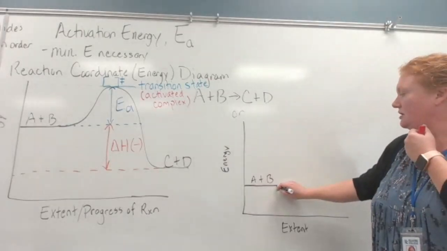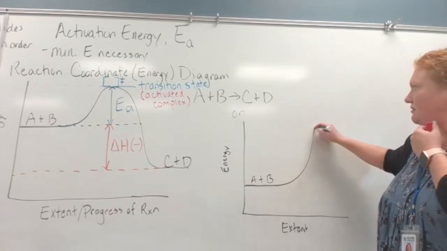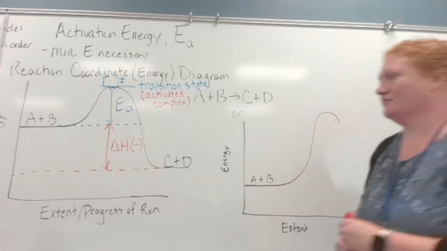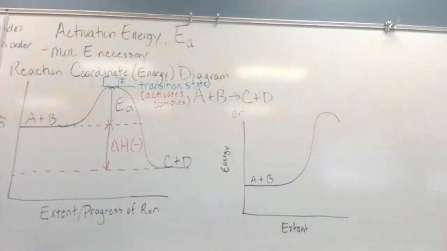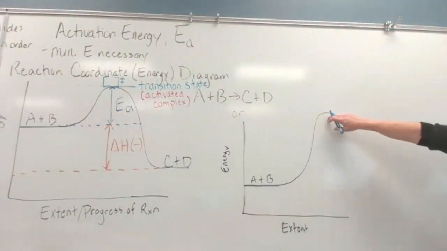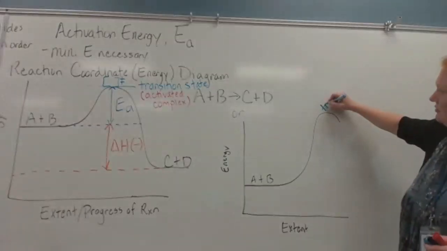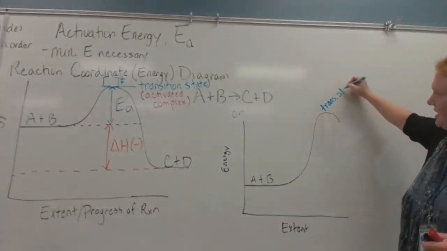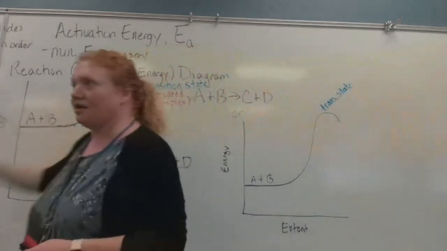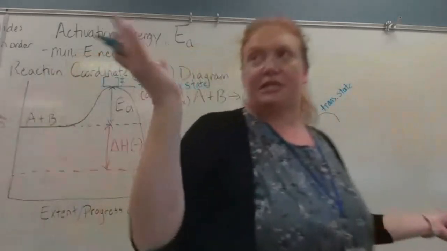And then in this reaction, they have to climb a pretty big hill. What do I call the top of the hill? That's the transition state. Again, you could just see that word written. You could see this little symbology there, but the top of the hill is the transition state.